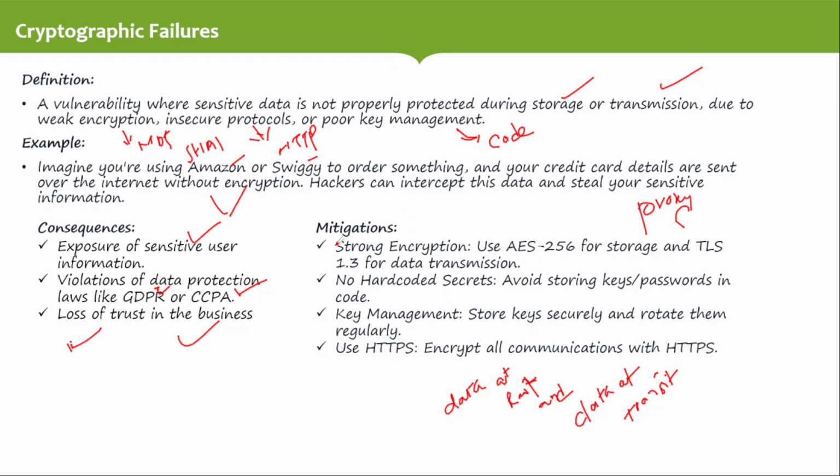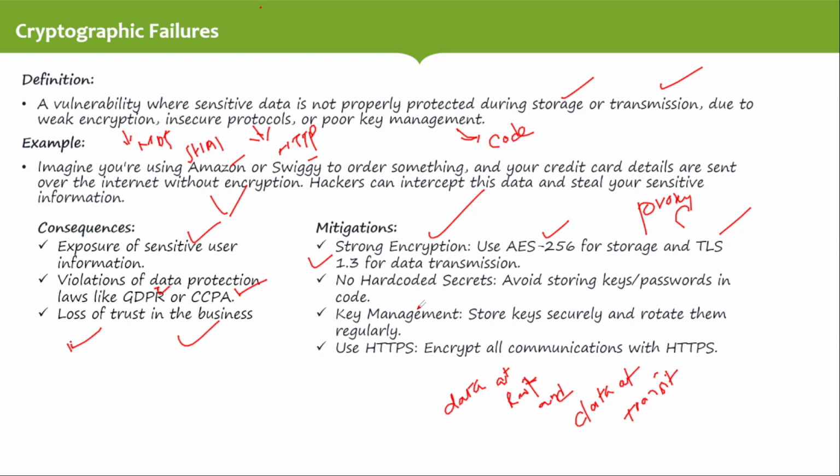Then coming to the mitigation. Using strong encryption algorithms is the first priority, like AES-256 for storage, and TLS 1.3 for data transmission. Using TLS certificates and strong encryption algorithms is the best security practice against this vulnerability.